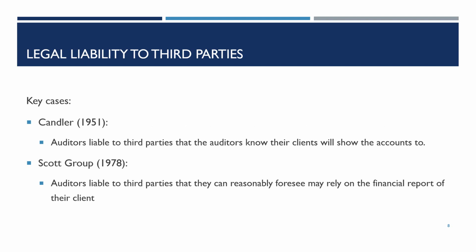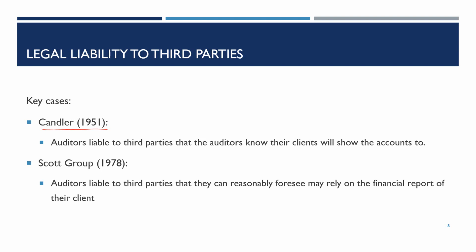Looking at some examples of legal liability to third parties. In the Chandler case, the investor relied on a negligently prepared audit report and as a consequence suffered losses. The findings of this case were that there was no contractual relationship between the investor and auditor, and therefore the auditors were not liable in this case.